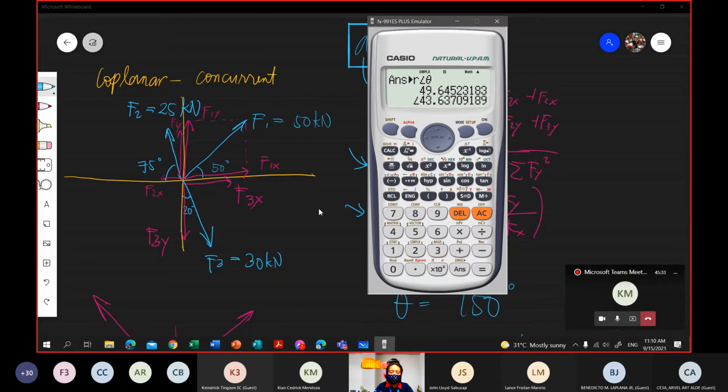As to the decimal places, I will require you to input up to 5 decimal places because a computer will check it, and the computer's solving is fairly accurate. Do not round off if it's not yet the final answer. Take note, do not round off if it's not yet the final answer.